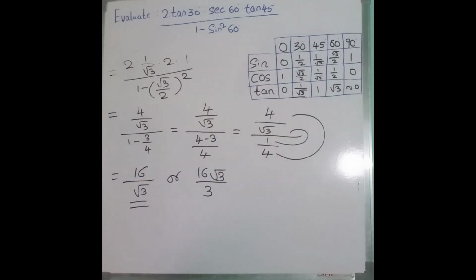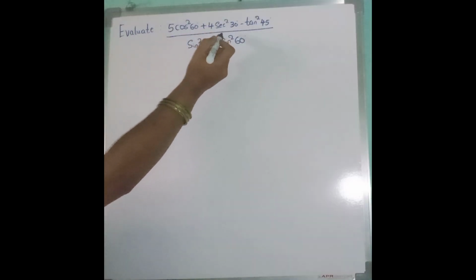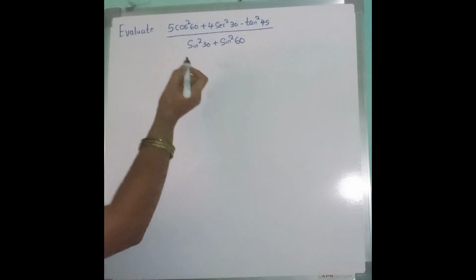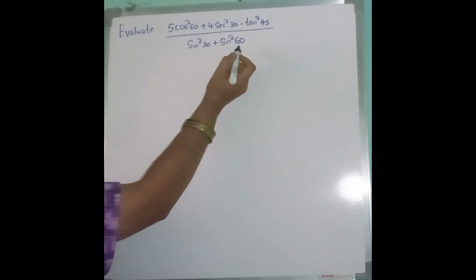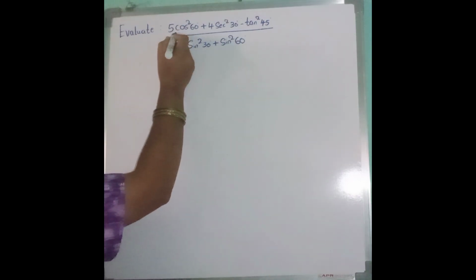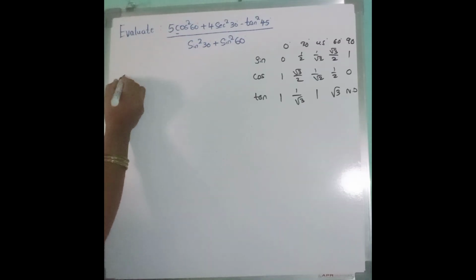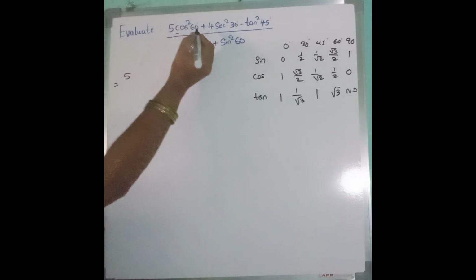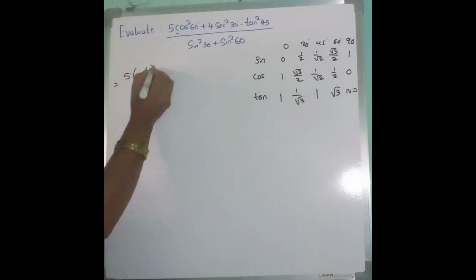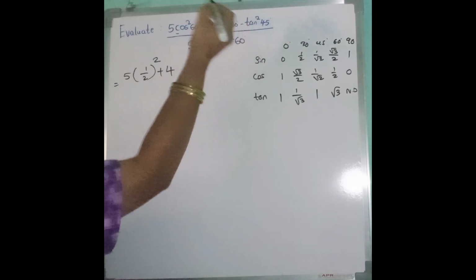Understand, students? And now, 5 cos square 60 degree plus 4 secant square 30 degree minus tan square of 45 degree, divided by sin square 30 degree plus sin square 60 degree. We know the value of cos 60 degree. 5 cos square 60 degree: the value of cos 60 degree is 1 by 2, so 1 by 2 whole square, plus 4 into the value of secant square 30 degree.